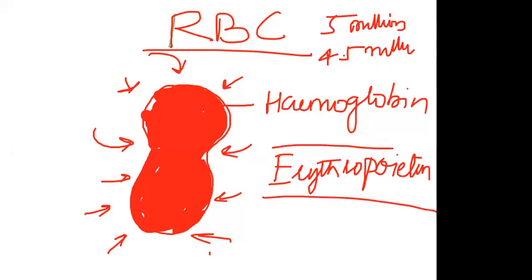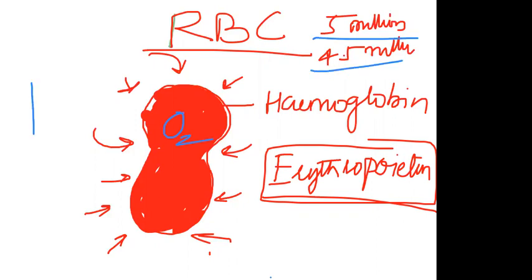We know RBC transport oxygen; the exclusive function of RBC is transport of oxygen. Imagine if the oxygen levels drop in the blood, then the kidney is stimulated.